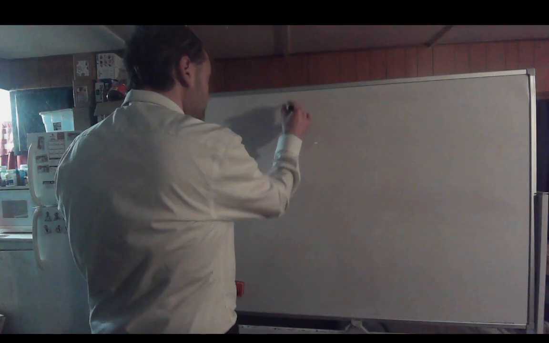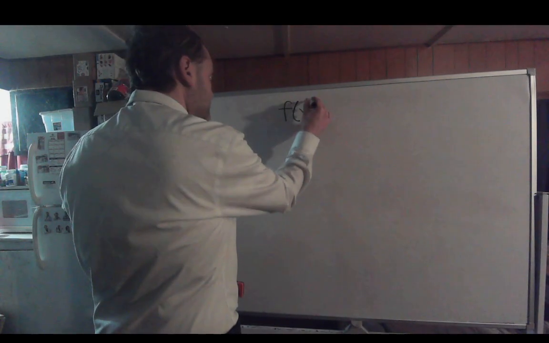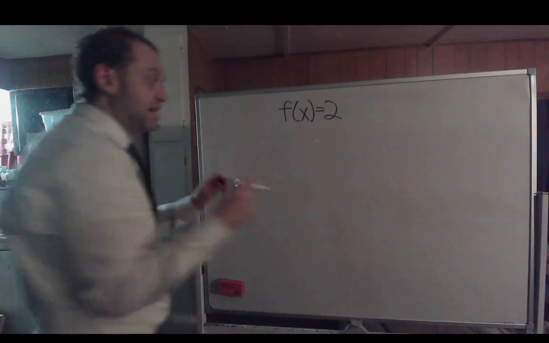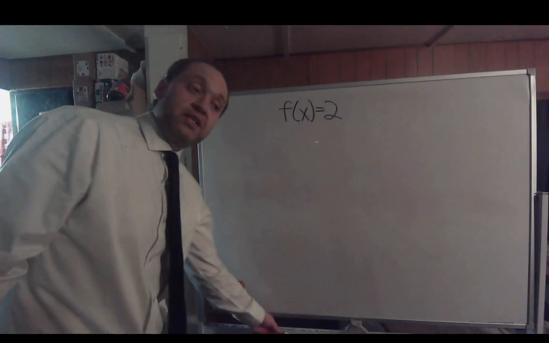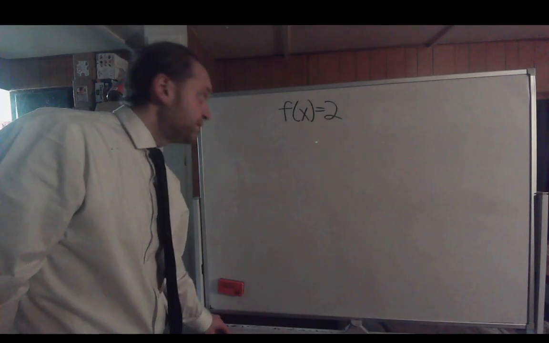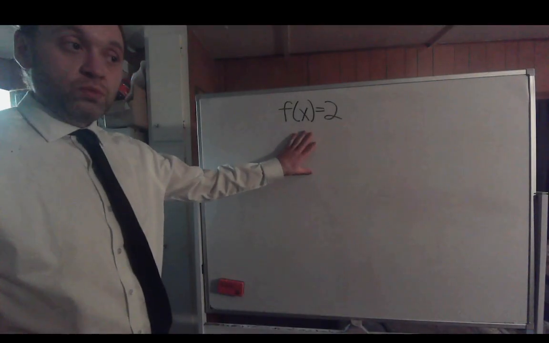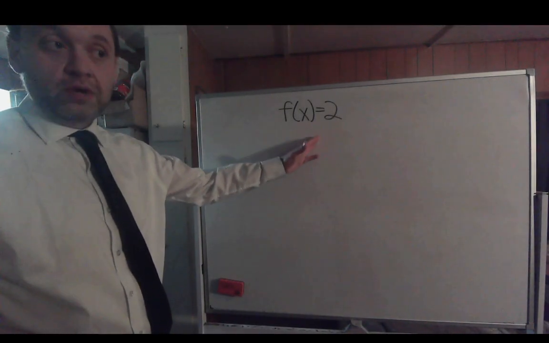All right, so what if, yes, here's a good one. f of x equals 2. We just have f of x equals 2. It equals a number. We talked about this not too long ago. So f of x is y, right? That means y equals 2.